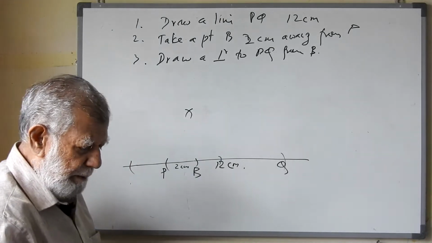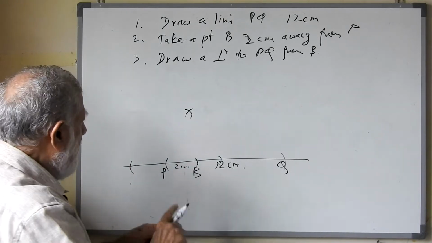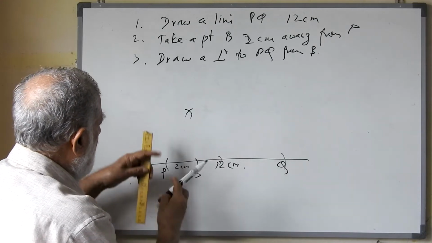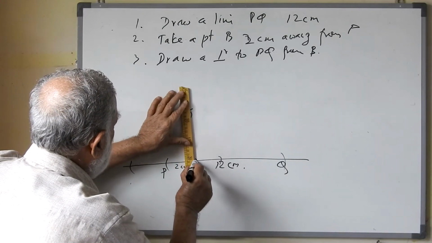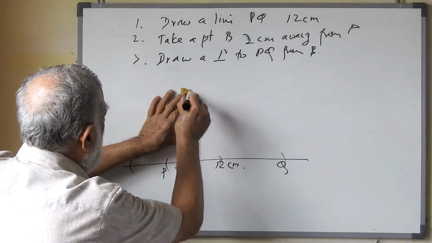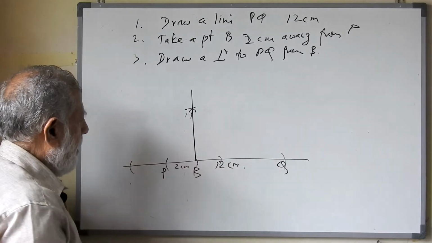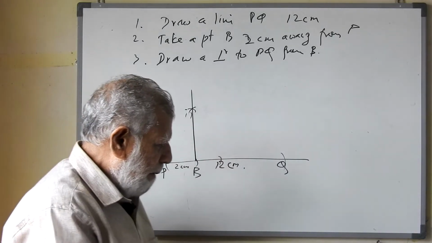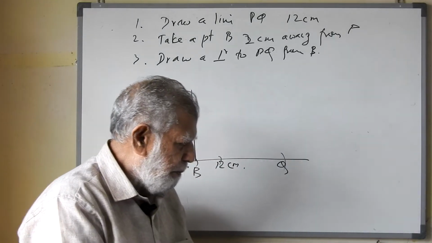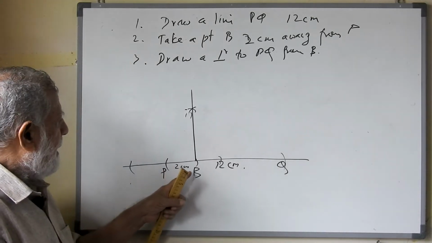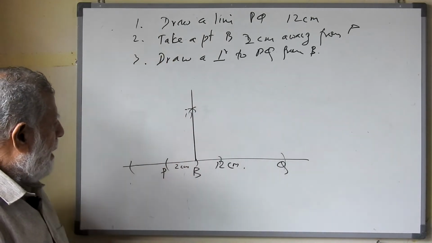So after that we join B to this point. Something like that. Okay. So we have drawn a perpendicular to PQ from B.